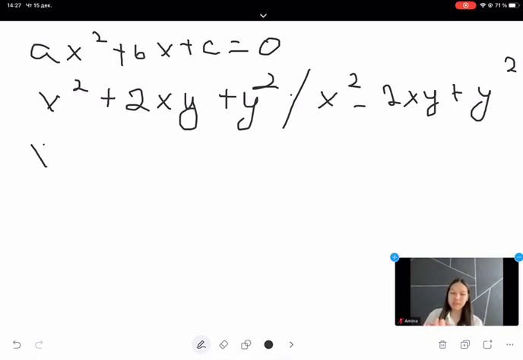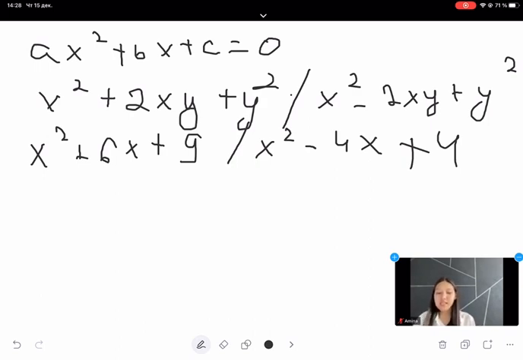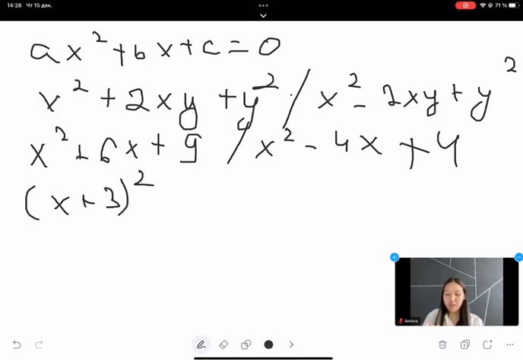For example, x squared plus 6x plus 9 and x squared minus 4x plus 4 are perfect squares, because x squared plus 6x plus 9 is x plus 3 squared, and x squared minus 4x plus 4 is x minus 2 squared.